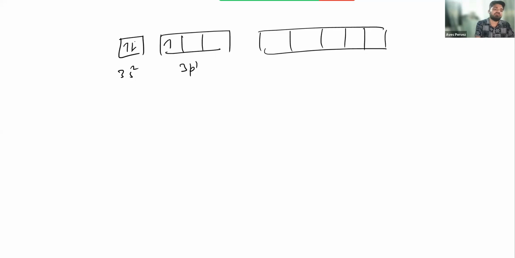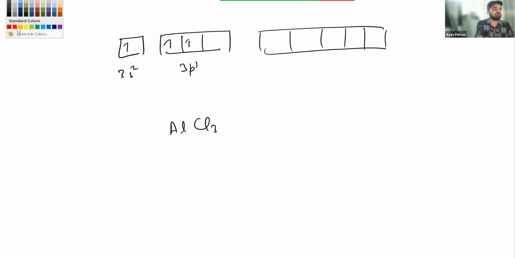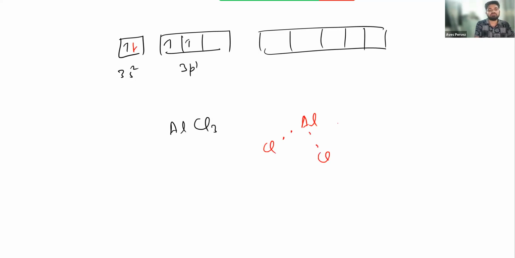Now if this electron jumps to this one, it is going to make bonds like this, and these are 3 unpaired electrons. In AlCl3 there are 3 chlorine atoms: Al is there, one chlorine atom, another chlorine atom, another chlorine atom. Their electrons are participating here: 2 electrons for this one, 2 electrons for this one, and 2 electrons for this one.